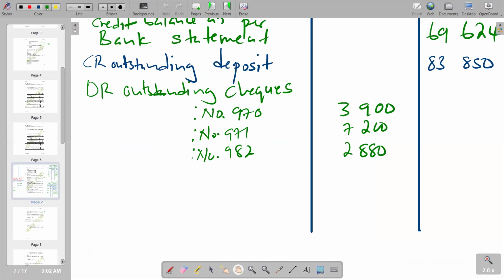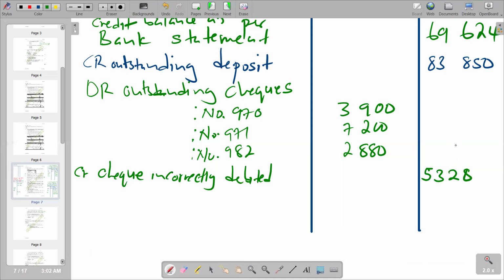So we go there. Let's say credit check incorrectly debited. So you go to the credit side and put the check, which is 5,328. Right, we go and see the next one.